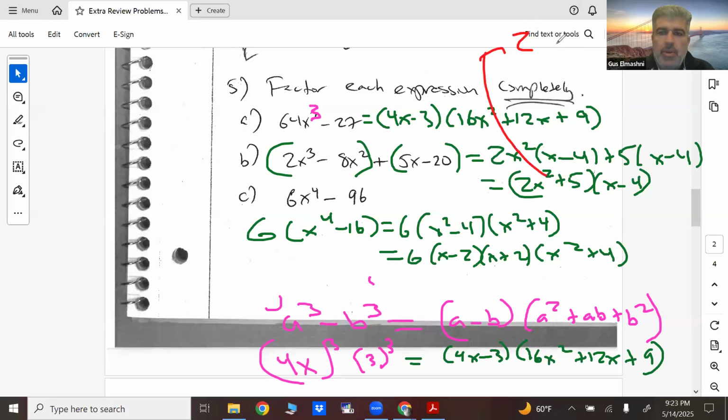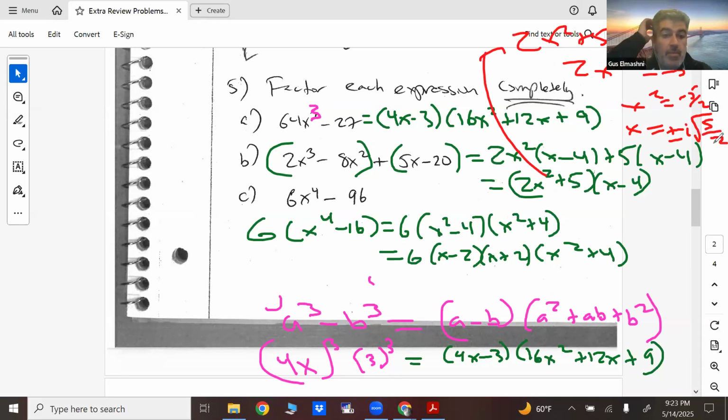Yeah, that would be 2x squared plus 5 equals 0. 2x squared equals negative 5. X squared equals negative 5 halves. And then you do plus or minus. You have that.